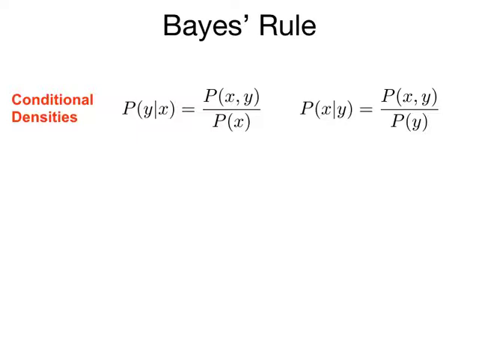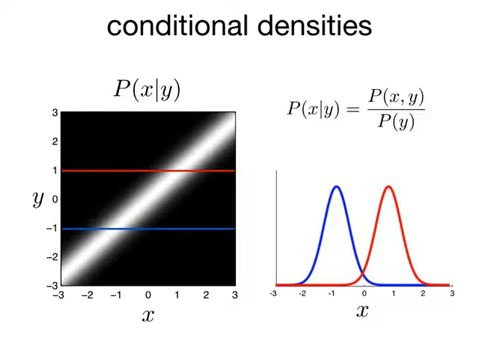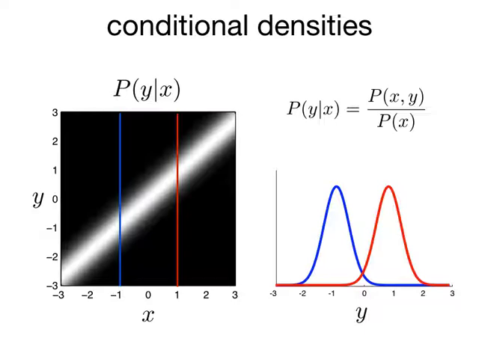So, like I said before, this conditional distribution is like taking the joint distribution, the distribution over two variables, and dividing out the probability for x equaling every one of those values.